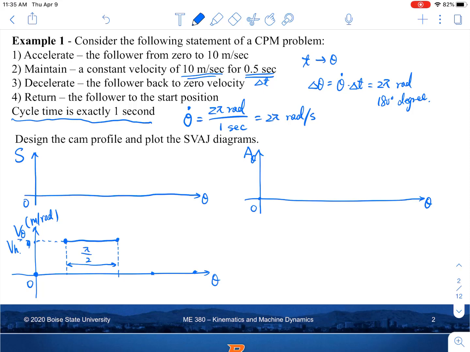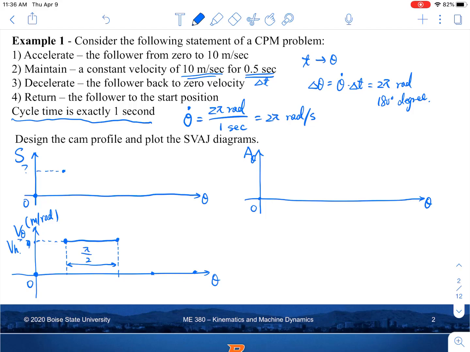Okay, so we know all of these things about velocity. So what do we know about the displacement? Your displacement, let's assume it's starting from 0, and then it goes up to some point. This point we don't know because we don't know how the acceleration looks, right? But we know it's going to end up at some positive point.